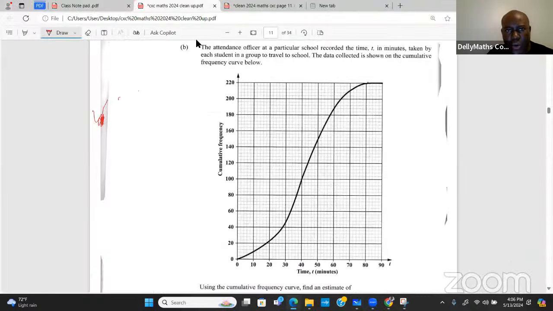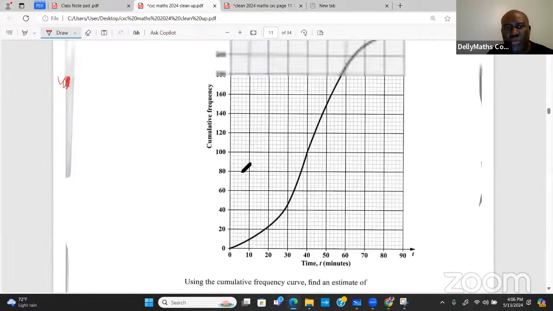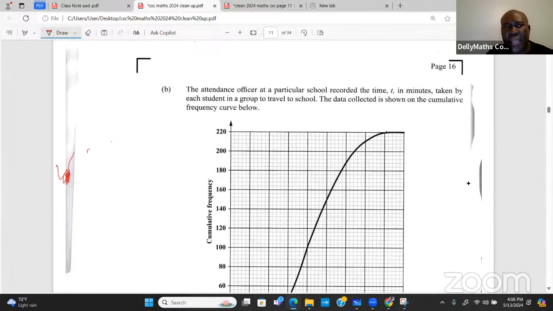So let us take a look at what the questions are like. First, let's read it. It says that the attendance officer at a particular school recorded the time, t in minutes, taken by each student in a group to travel to school. The data collected is shown on the cumulative frequency curve.